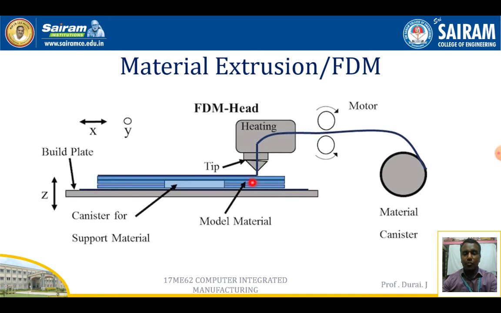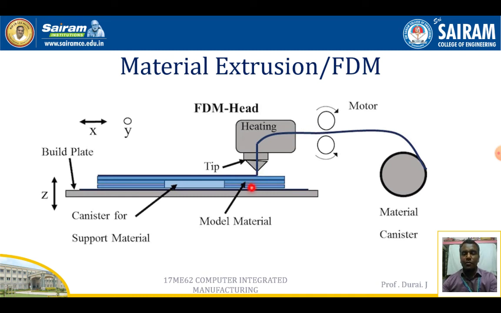Once it cools, the next layer is formed. According to the CAD model, we can get the required shape in this material extrusion process. The process is continuously repeated to get the required shape.